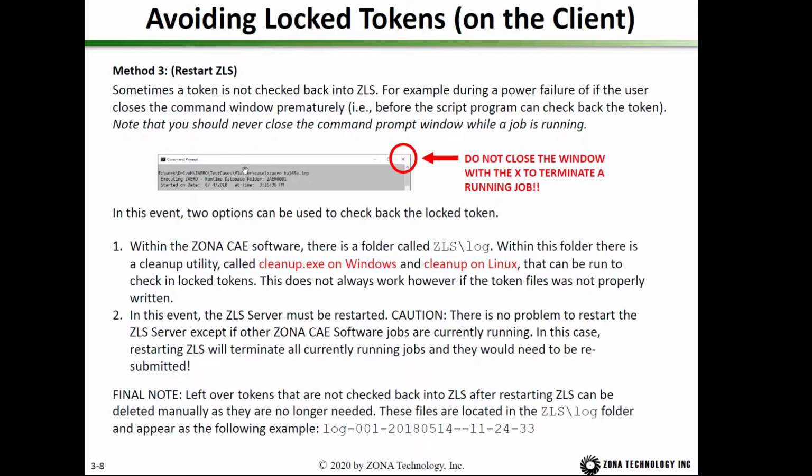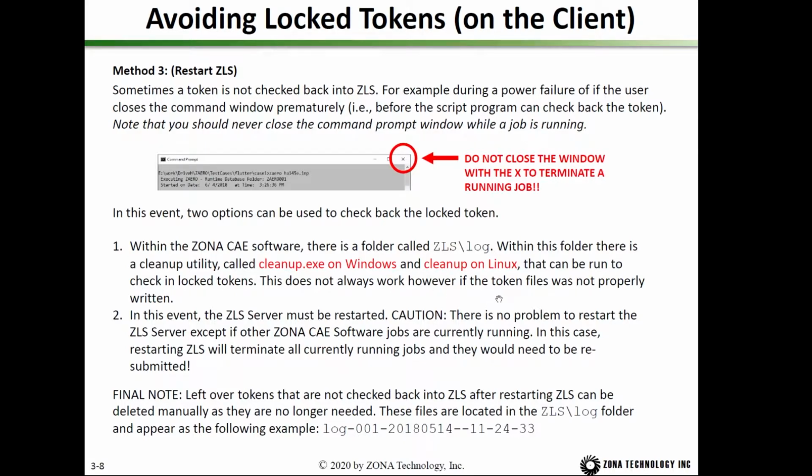However, if you are running a ZONAIR job in a folder and you close this window, you will have a lock token problem. Once you have a lock token problem, you can go into this folder, ZLS and log. In this folder, we provide you a cleanup.exe on Windows and cleanup on Linux. If you run this program, you can release the lock token.